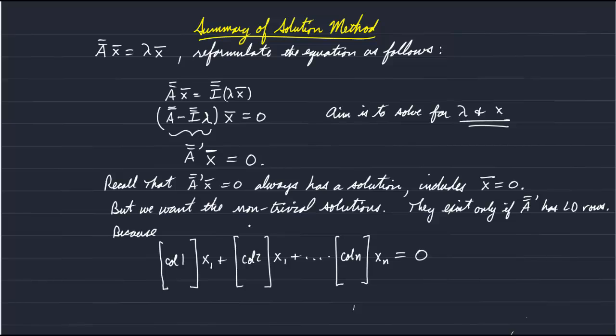So this is a restatement of this equation. And if this is true for the non-trivial case, that is when all the elements of x are non-zero, this requires that the columns are linearly dependent. In other words, we can add these vectors or multiples of these vectors, and the only way to get 0, or get back to the origin, is if the columns are linearly dependent on each other.